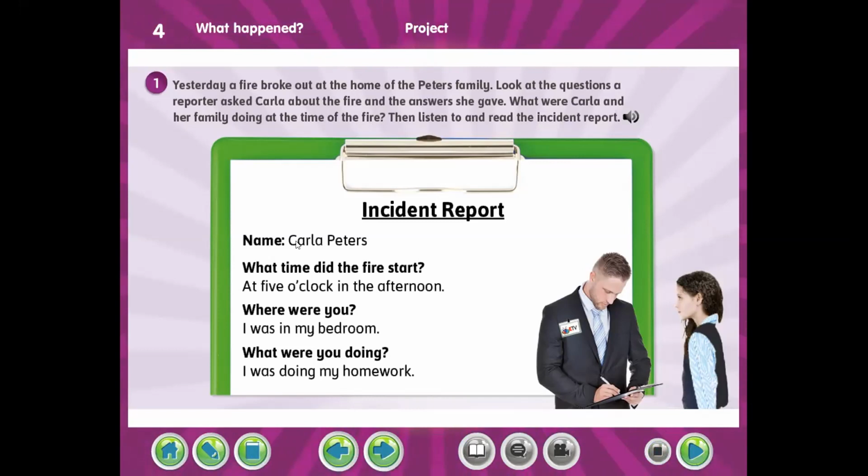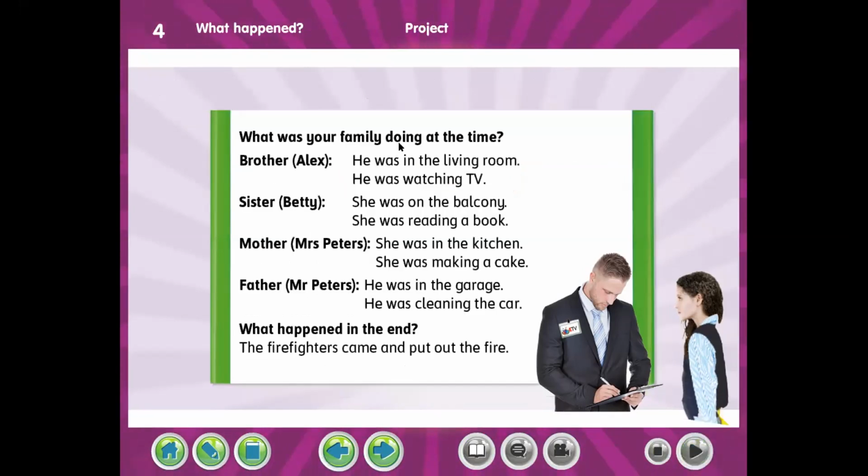Name, for example, Carla Peters. Who is Carla Peters? The person who is answering this question. What time did the fire start? What time? We practice the time. Where were you? The same. What were you doing? You are going to answer these questions, okay? What was your family doing at the time?